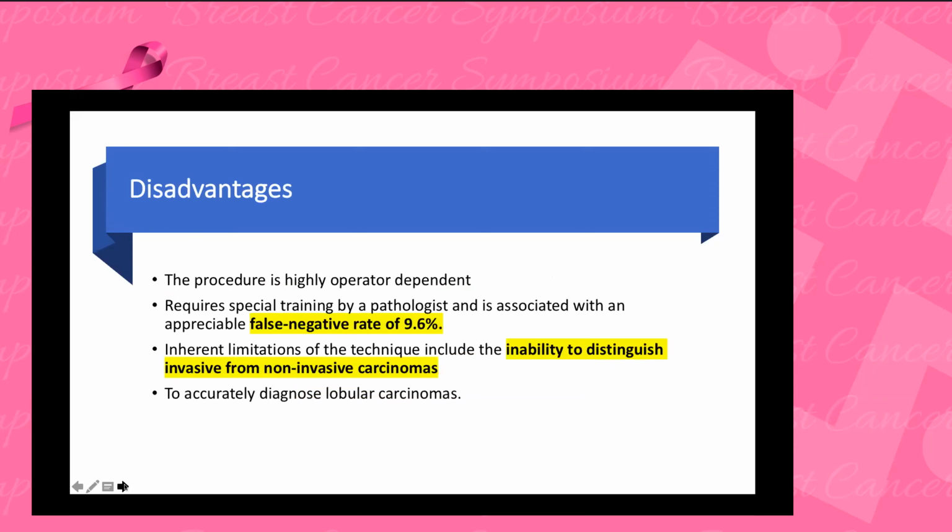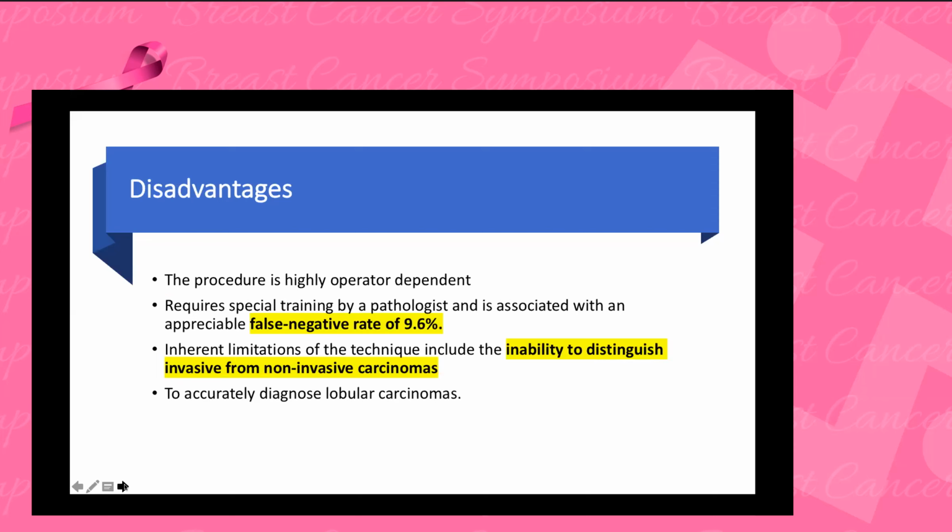Now, it has disadvantages. It is highly operator dependent, and it has a false negative rate of about 9.6%. It has some inherent limitations, which I tend to disagree with, but we're not going to go into that today, where it's always said that it's unable to distinguish invasive from non-invasive carcinomas.